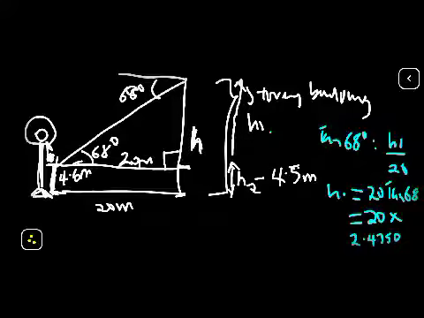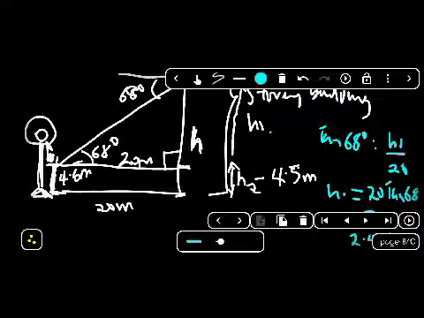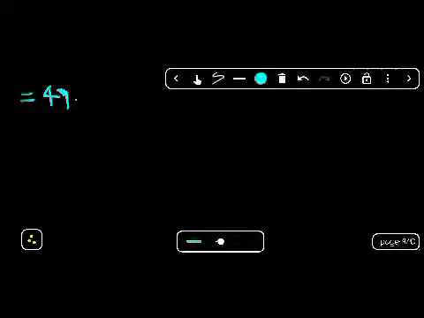Okay, so 20 times 2.4750 is going to give you, let's see, do we have another page here? Okay, that's going to give you 49. So that's equal to 49 point, I want to fix this.